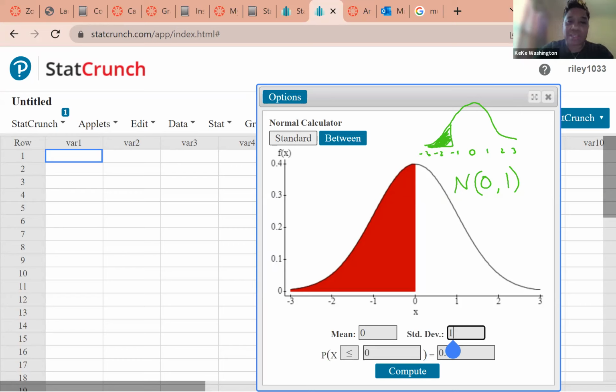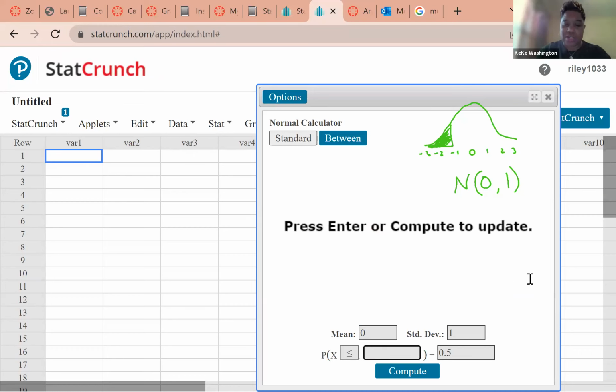So this x is not going to change to a z. Since we were interested in a z-score that was less than -1.2, we want to make sure that this sign does say less than, and we're going to enter -1.2 here.